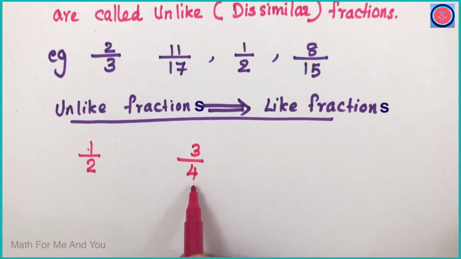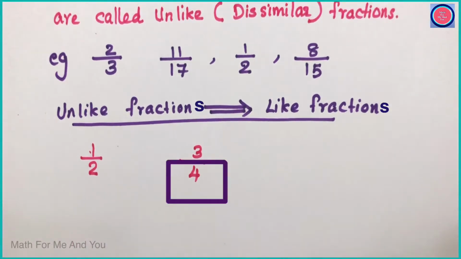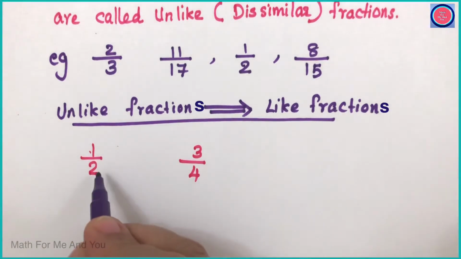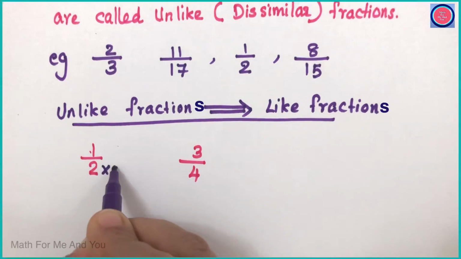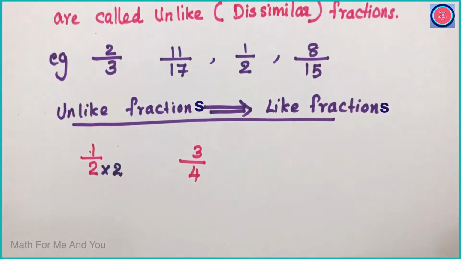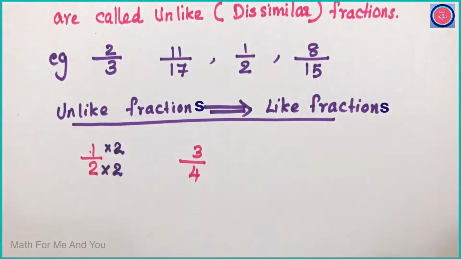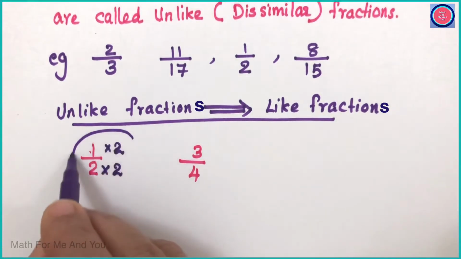But when we look at these two numbers, the big number 4 is a multiple of 2. In this type of fractions, we can change the small number to the big number. Here we can change 2 to 4. How? Multiply with 2. But it's a fraction. What we do down, we have to do up for the numerator. So the numerator also we multiply with 2.